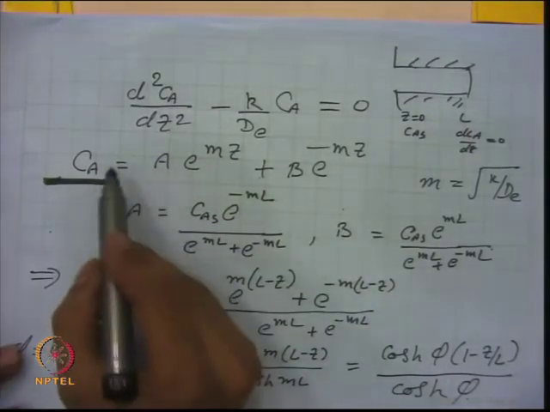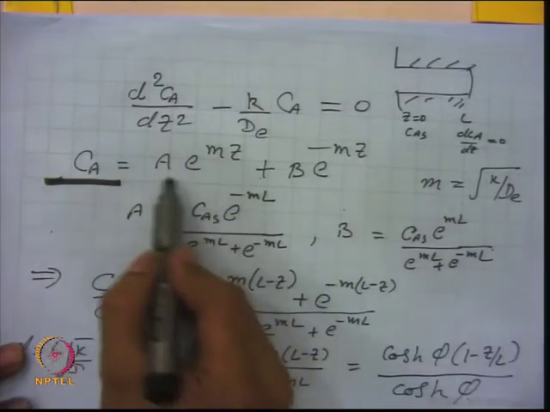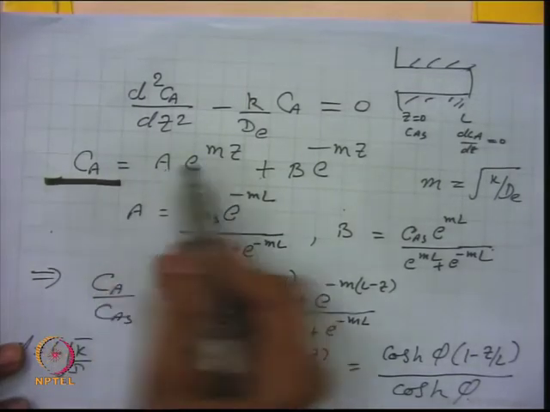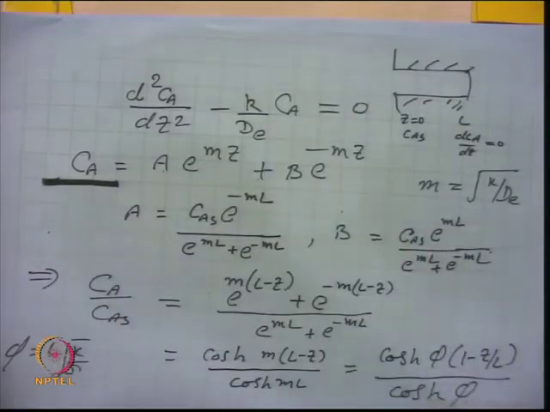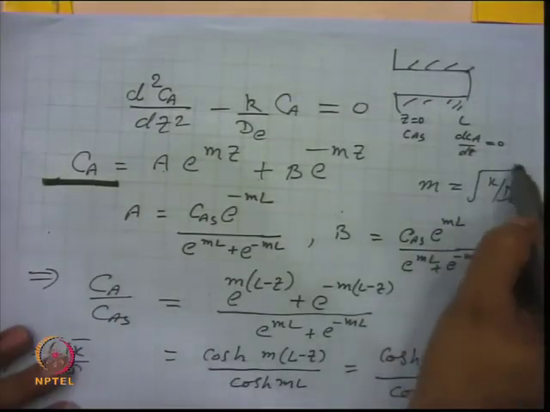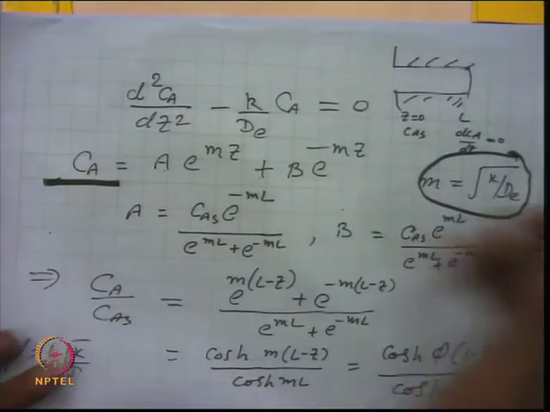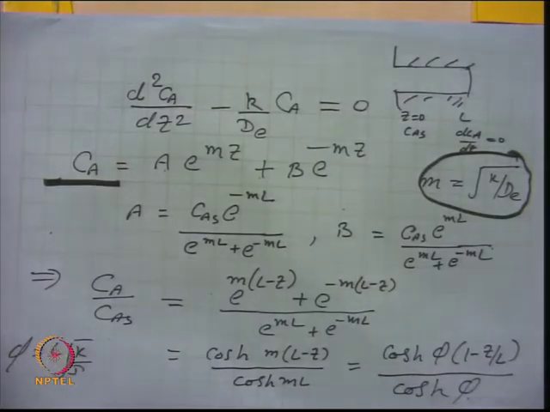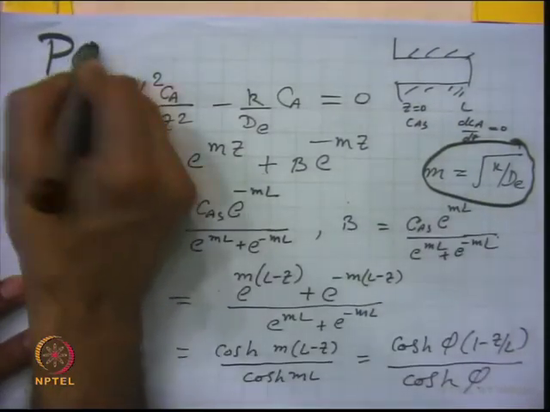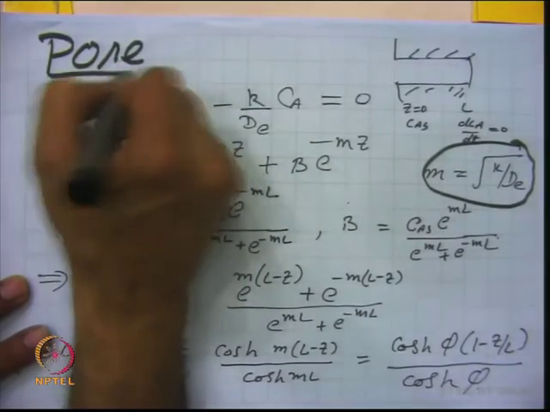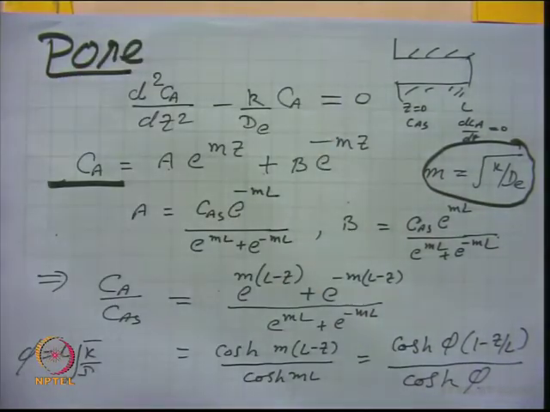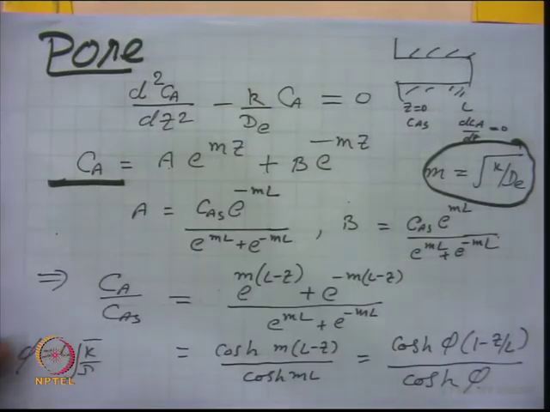So, C A is equal to, which I showed in the other form, a times e to the power m into z, where m is square root of k by d, and L times square root of k by d is the Thiele modulus again for the pore. So, this is for a pore, but we have done a cylindrical pore model and diffusion in that pore. So, the equation is similar.